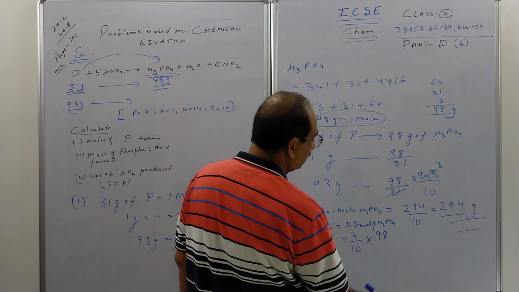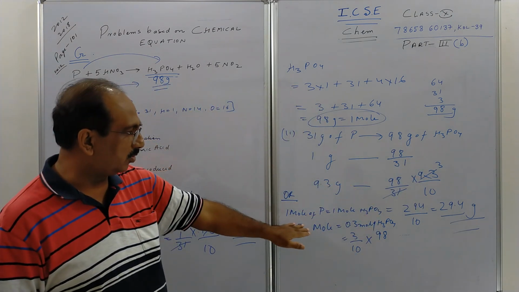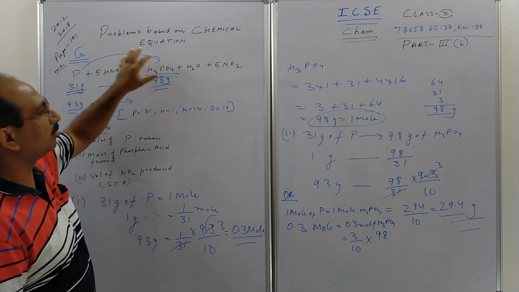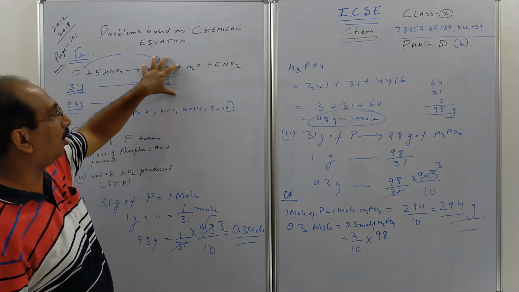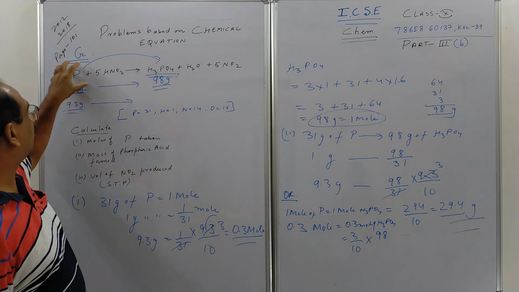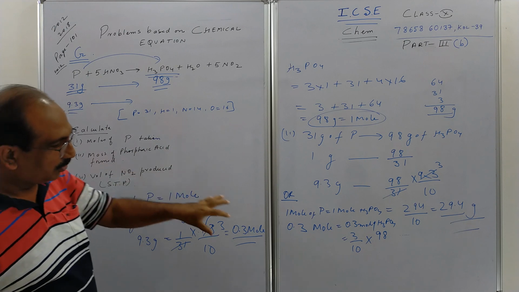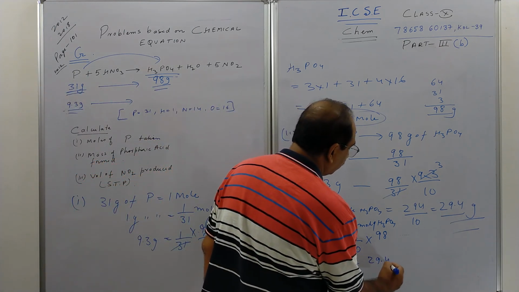Same thing you get, children. 3 by 10 of 98. 1 mole gives you 1 mole, 0.3 mole will give you 0.3 mole. But 0.3 mole of phosphoric acid has a different mass. 0.3 mole of this is 29.4 gram.